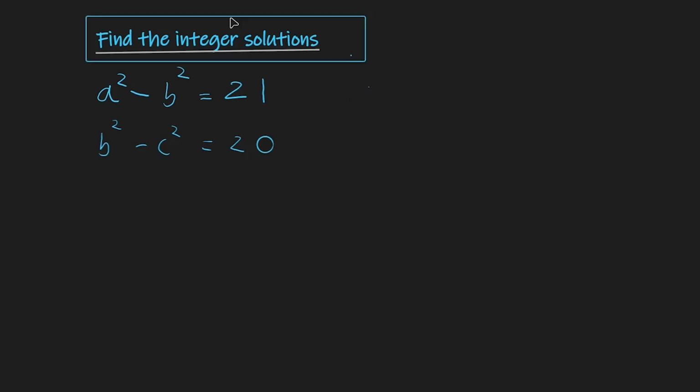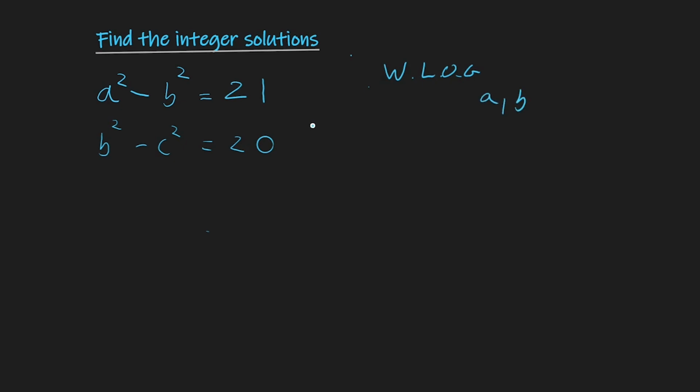Alright, today we're going to find the integer solutions to these two equations, and we will start out by making a little assumption, and we can make this assumption without loss of generality. We can assume that a, b, and c are greater than or equal to 0.